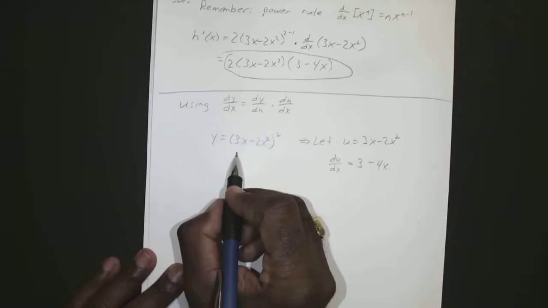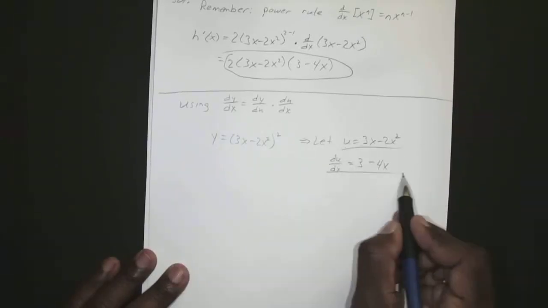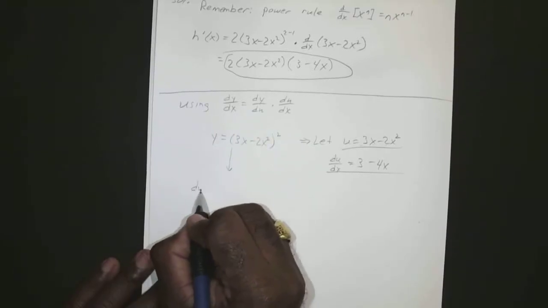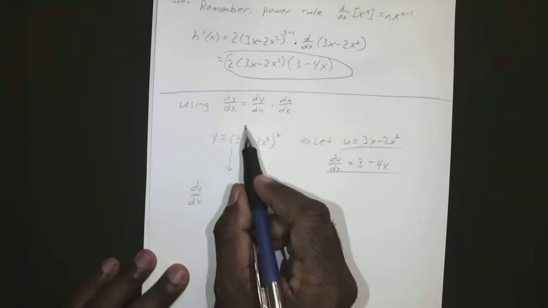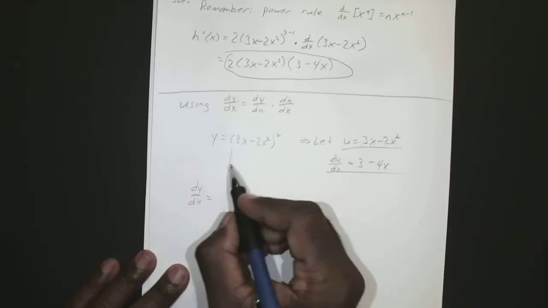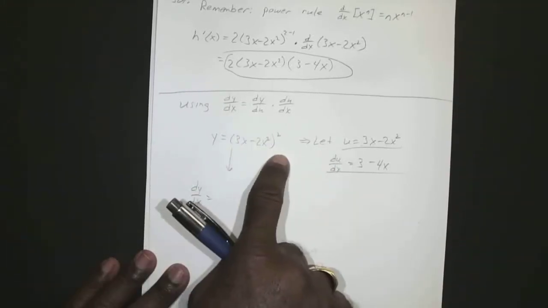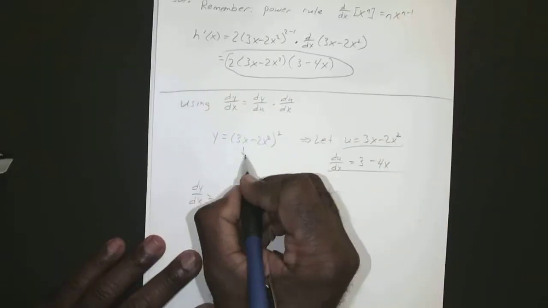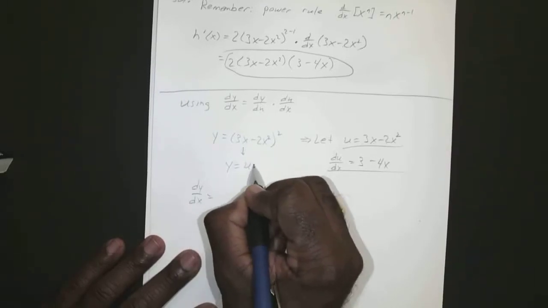Okay, so if we start from here, just knowing our u and our du dx, our derivative of y with respect to x is equal to our derivative of y with respect to u. So in this case, once we made this equal u, this made y equal u squared.